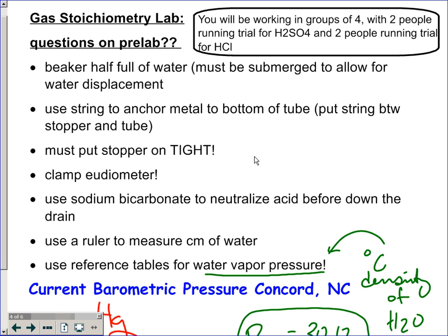If the stopper overflows, the water will be able to... you can get your measurements quickly because your acid will begin to come out of the bottom and you will have to redo it.